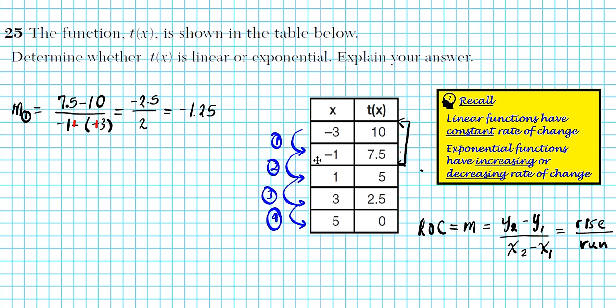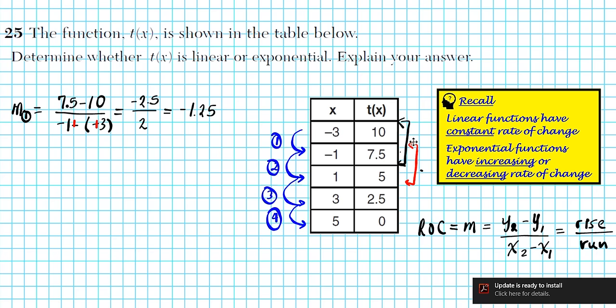Now let's check the rate of change for the second interval. The slope of the second interval, since the number of the interval is 2, we're going to call m2. For the second interval, we are going from here to there.